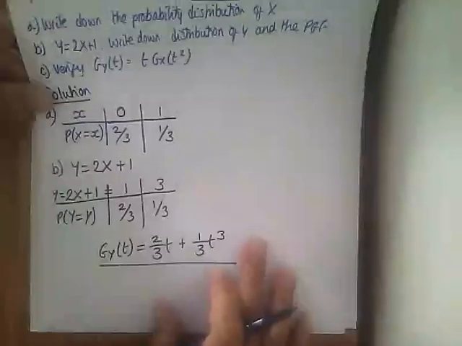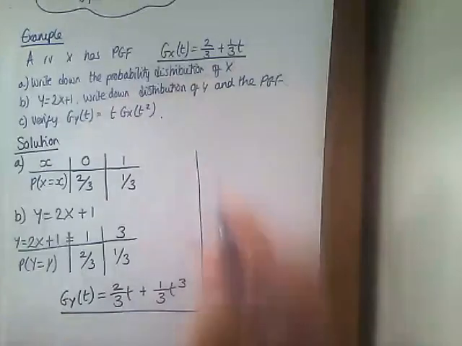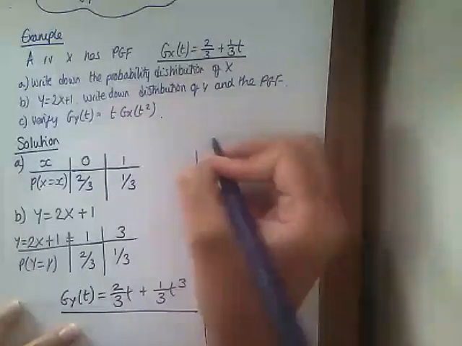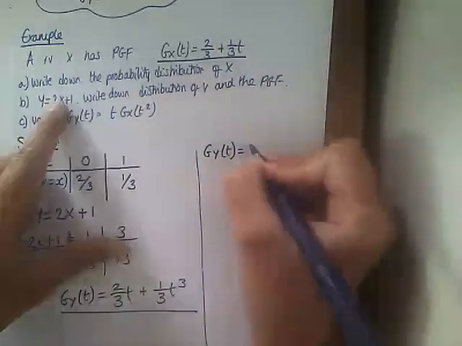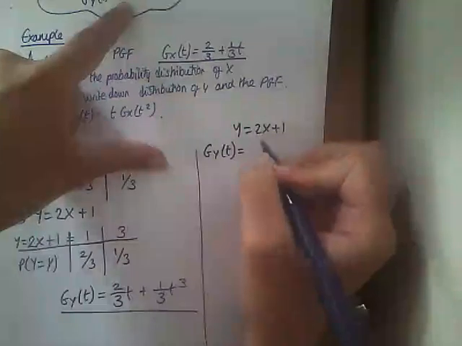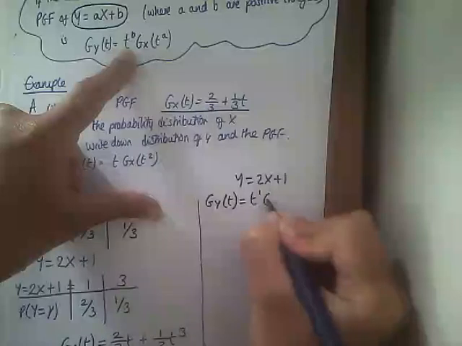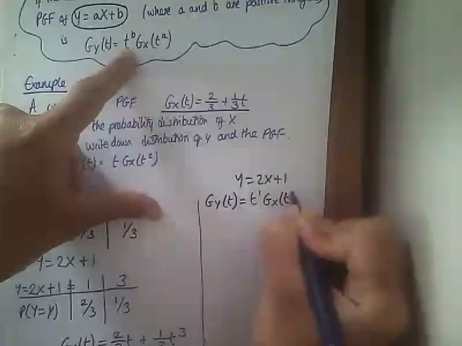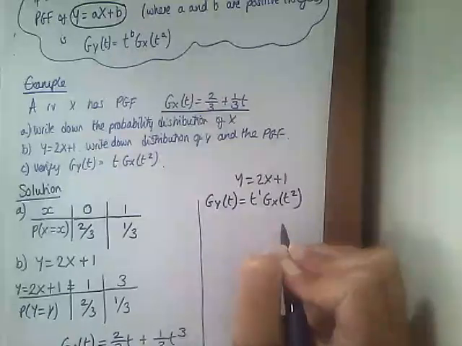Then we've got to verify that this is what it is. Okay, so if we're going to verify it, if we think about g of y, obviously y is 2x plus 1. So using this formula up here, I'm going to do t to the 1 times g of x of t squared. That is what I am doing, and I'm verifying that that is true.